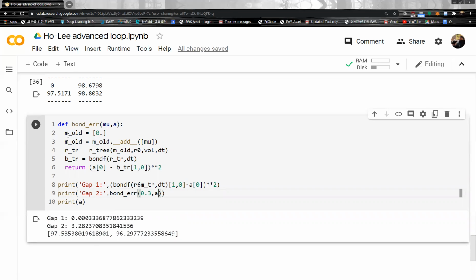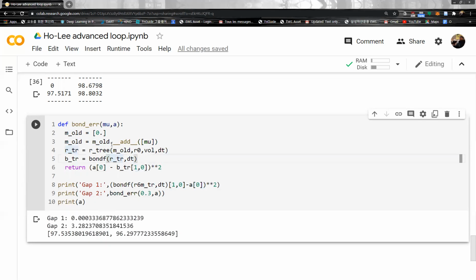The gap is similar but not exactly the same. So it seems that there is something wrong with my code. So where is it? Where is the mistake in my code?